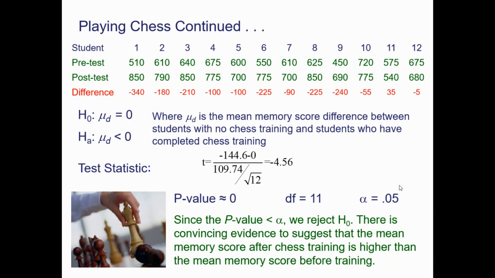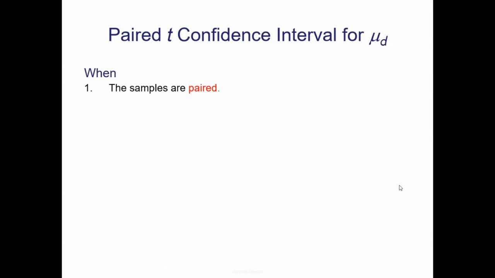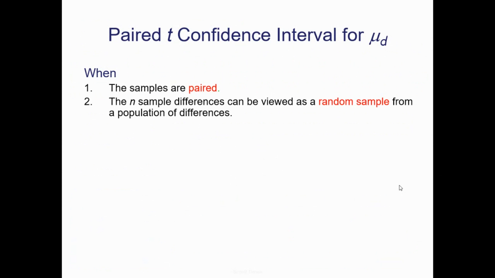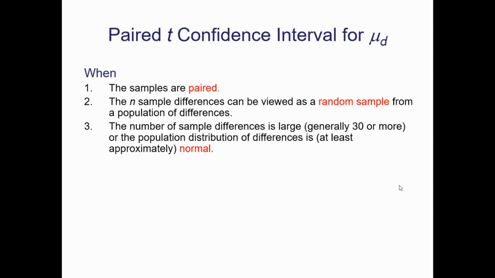Okay, let's go on and get the properties out of the way for the paired T confidence intervals. When the samples are paired, the in-sample differences can be viewed as a random sample from a population of differences, and the number of sample differences is large or approximately normal.